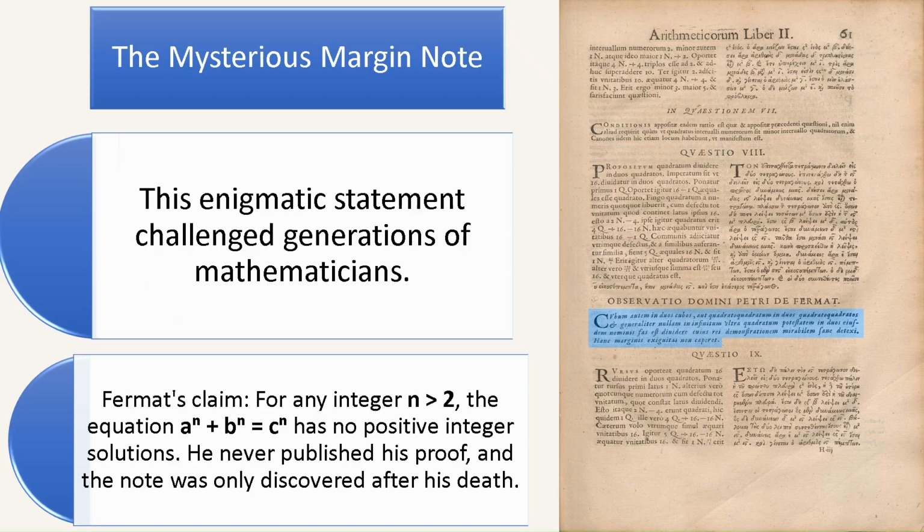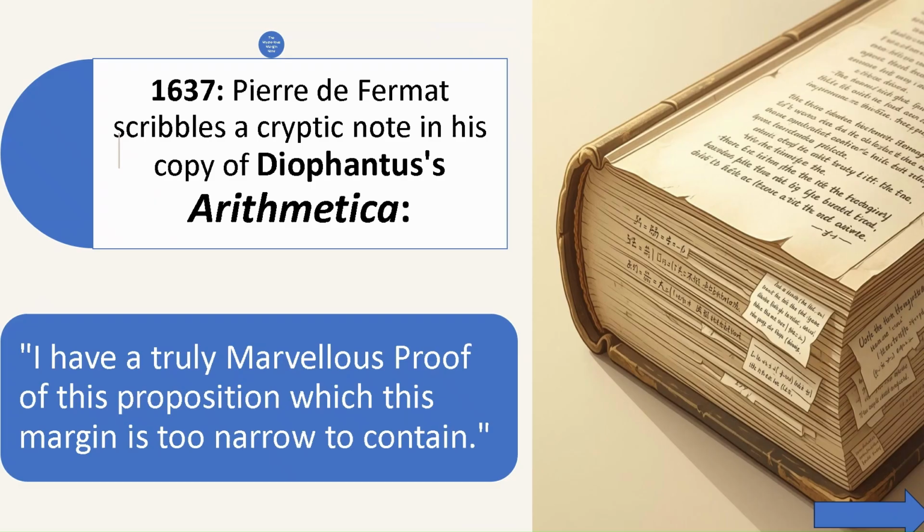According to Fermat's statement, the equation x raised to the power n plus y raised to the power n is equal to z raised to the power n has no solutions in positive integers for powers greater than 2, and he famously claimed to possess a truly remarkable proof which he did not record.